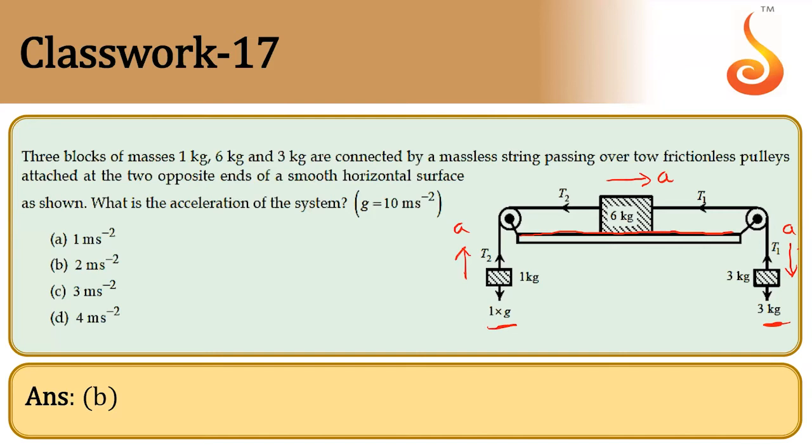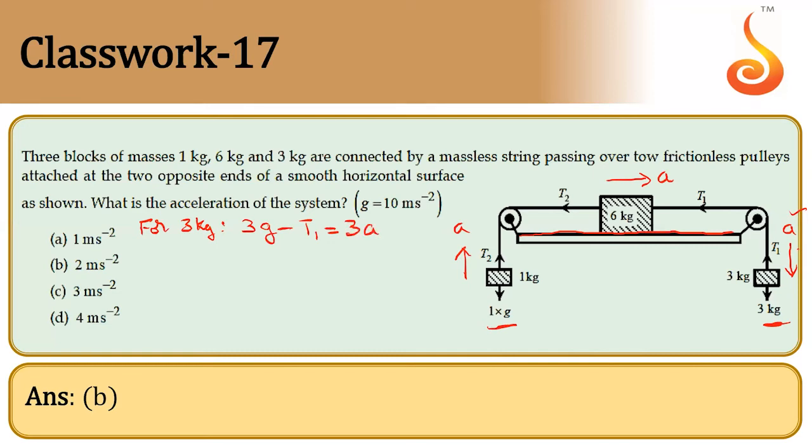Now we can write equations of motion for each and every object. For the 3 kg mass, tension T1 is upwards, and the 3 kg weight is downwards. So the downward force is more. How do you know? Acceleration is downwards. So what do you get? 3g minus T1 is equal to 3A, correct?